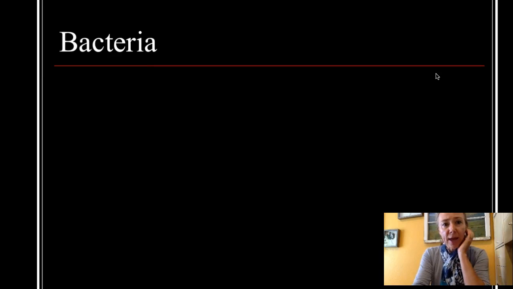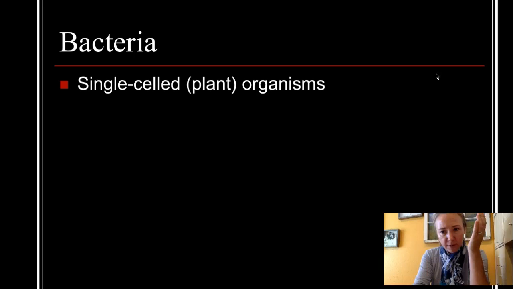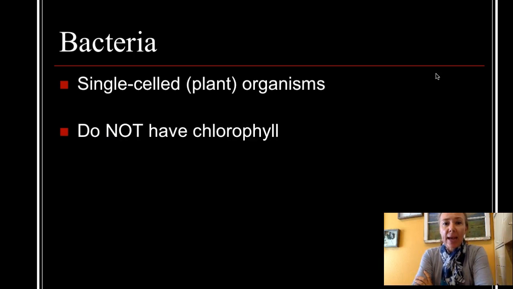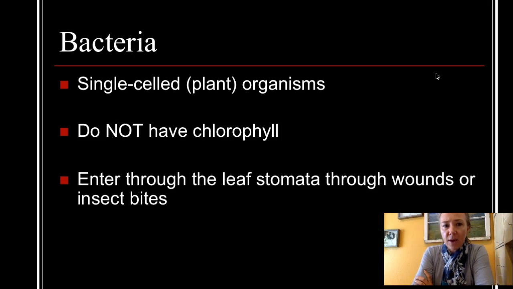So the first major category of pathogens are bacteria. And again, these are very, very small microscopic organisms. These are single-celled, and bacteria don't have chlorophyll. They are little organisms that get into a plant, generally through damaged tissue.